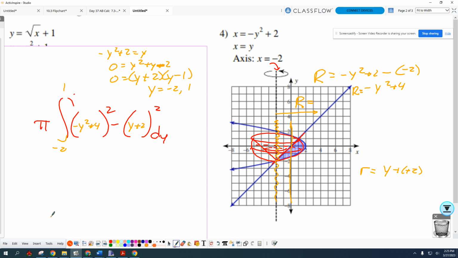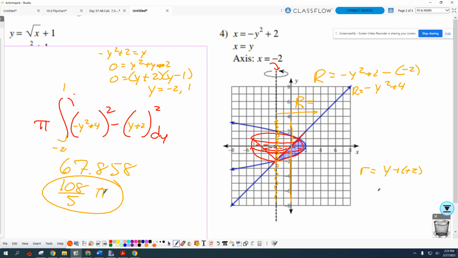You can expand and integrate. Anybody get a number? 67.858. That is correct. Thanks. I would agree. And those of you who did it the long way, 108 over 5 pi.